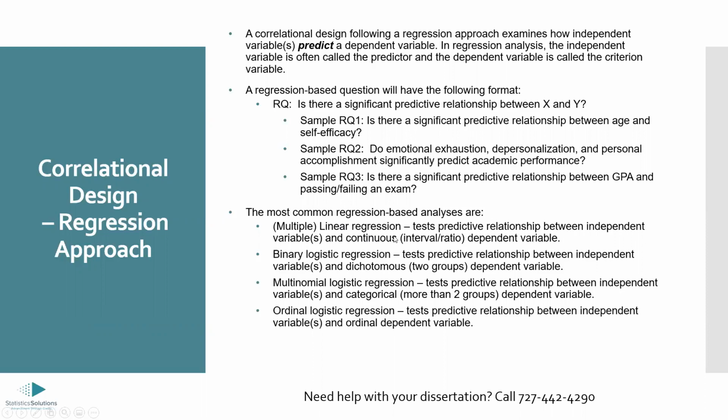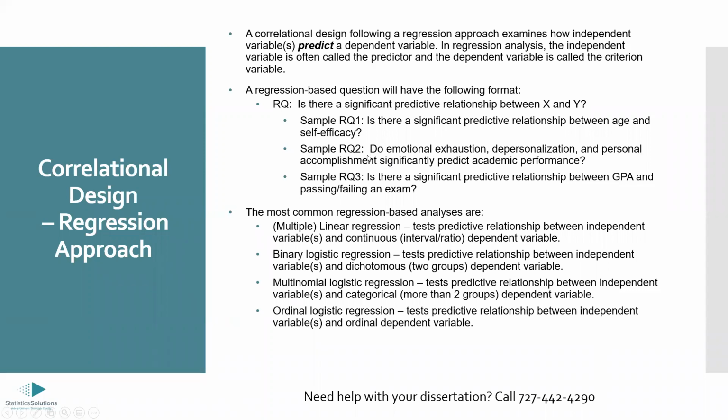So if you're trying to predict test scores, or you're trying to predict from a Likert scale survey a job satisfaction score, that's when you do a linear regression. And if you have only one predictor, as we do here with age, you just run what's called a simple linear regression.